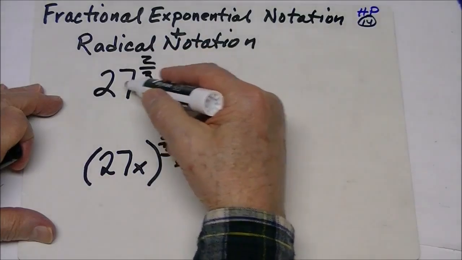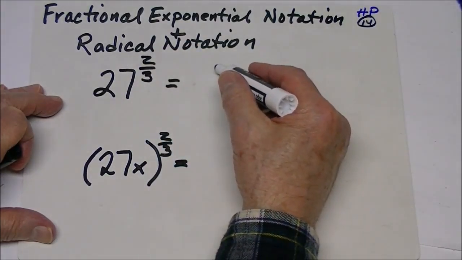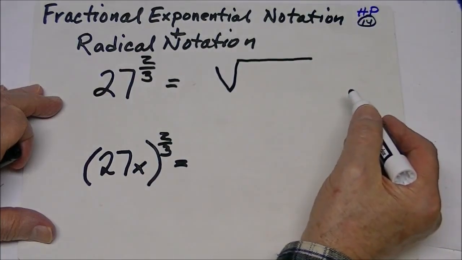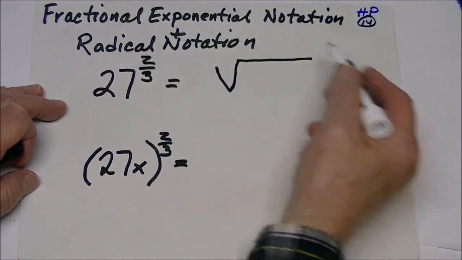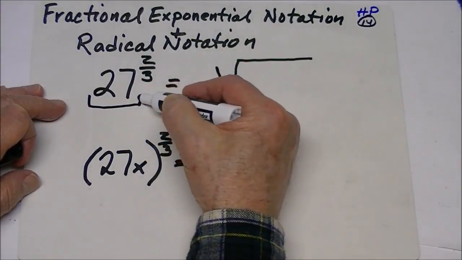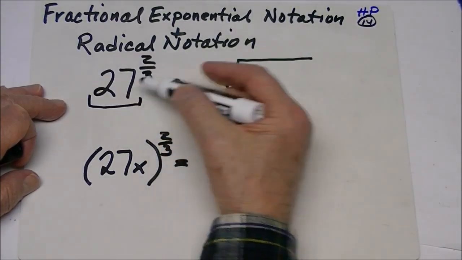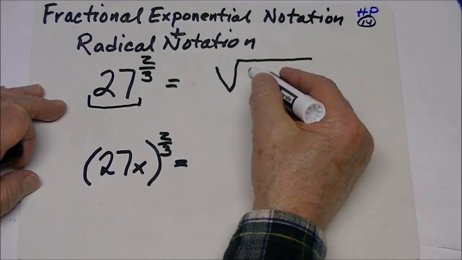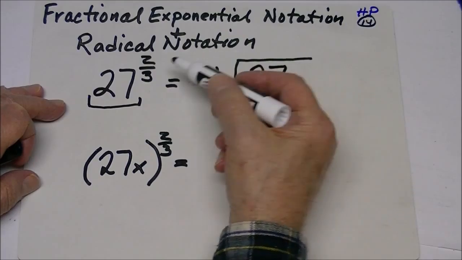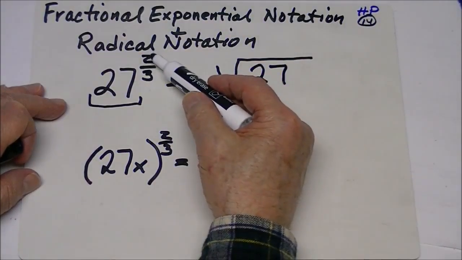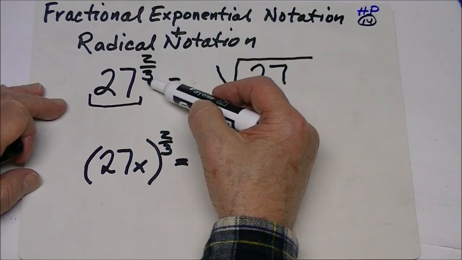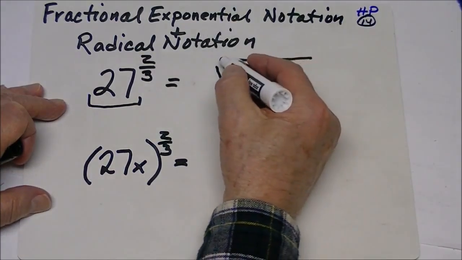So we want to convert this then to a radical. So we put our radical sign there. And what happens? Well, this, which is the base, becomes our radicand. Now the denominator of our fractional exponent, which is a 3, becomes the index number.